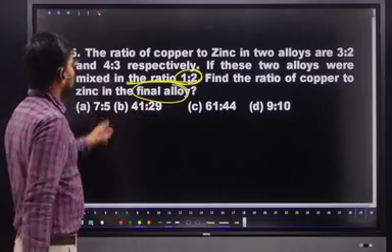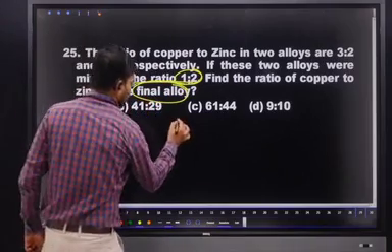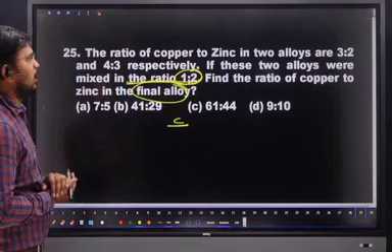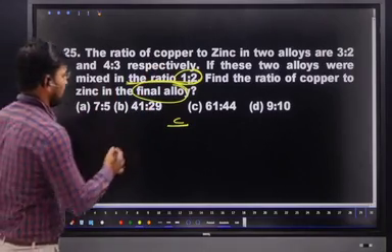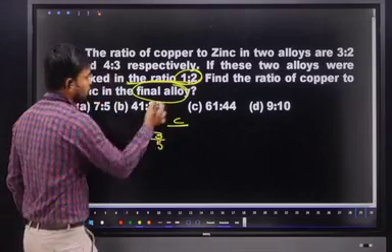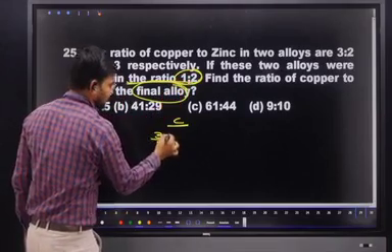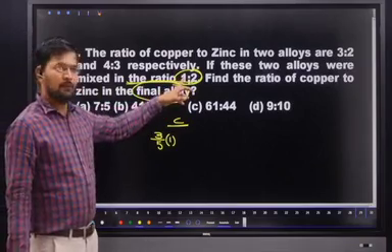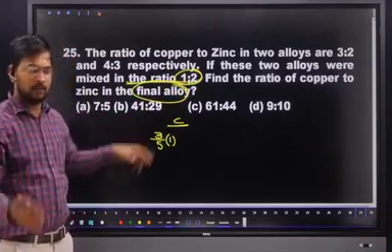Mixed in the ratio 1:2. First of all, I go for copper. Copper, how many parts is there? In the first one, 3 parts out of 5 parts. You are taking from the first vessel 1 part, so 3 by 5th of 1.